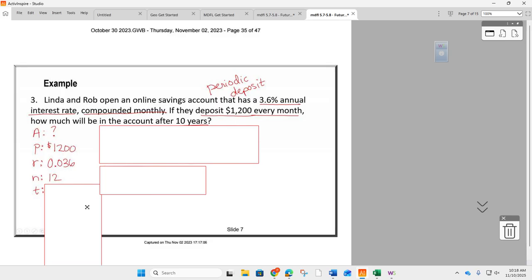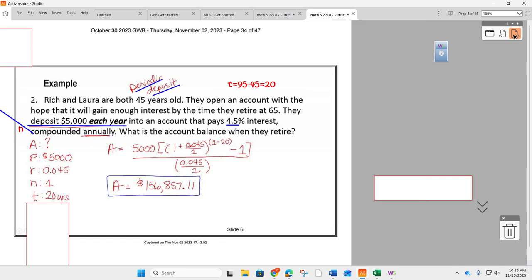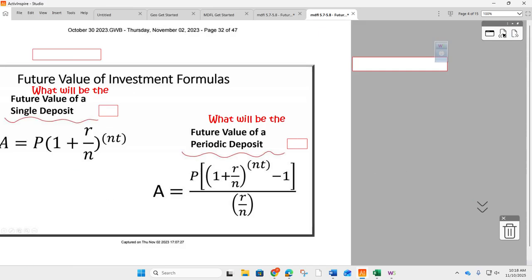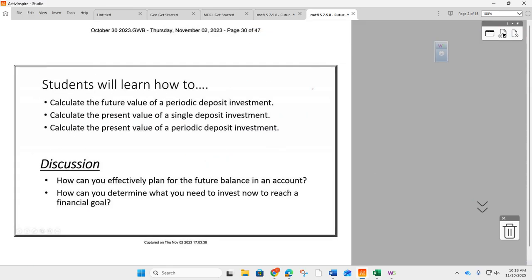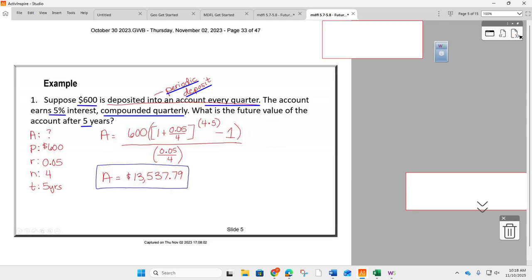So we look for a formula. So to decide, it's a periodic deposit, $1,200 every month, and we wanted the A. So we got to go back here and be able to pick it out of these formulas, right? So this is a single deposit, so this is the formula we're using. We're looking for A. We know all this other stuff. So we're going to plug into there.